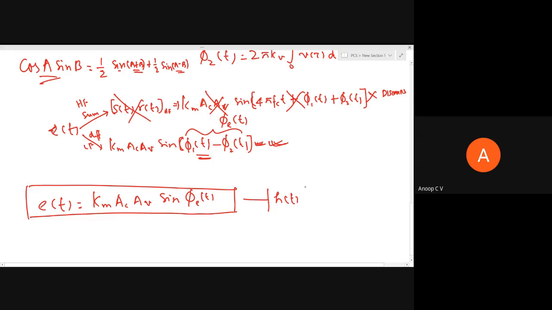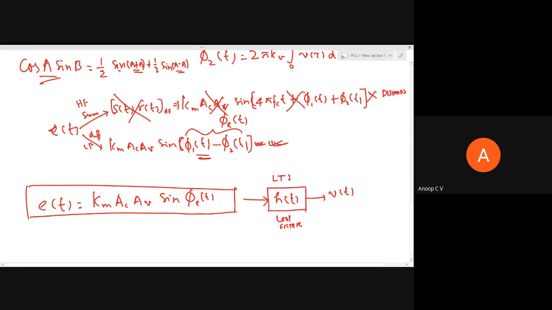So now what we should do is pass this E of t through the loop filter so that the output is V of t. This loop filter is again a linear time invariant system, right?